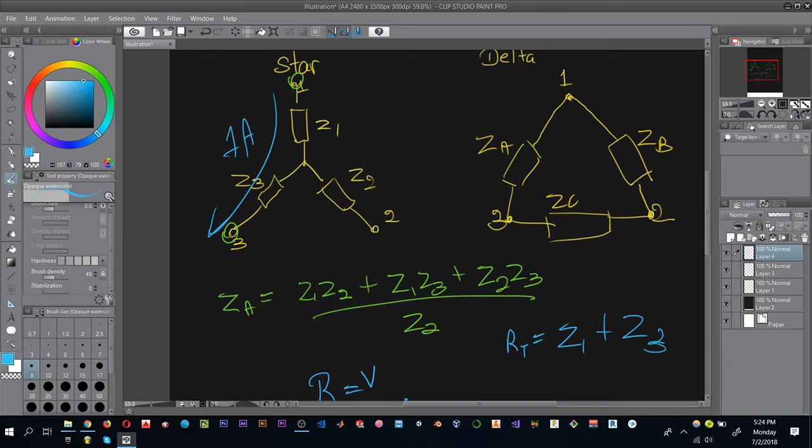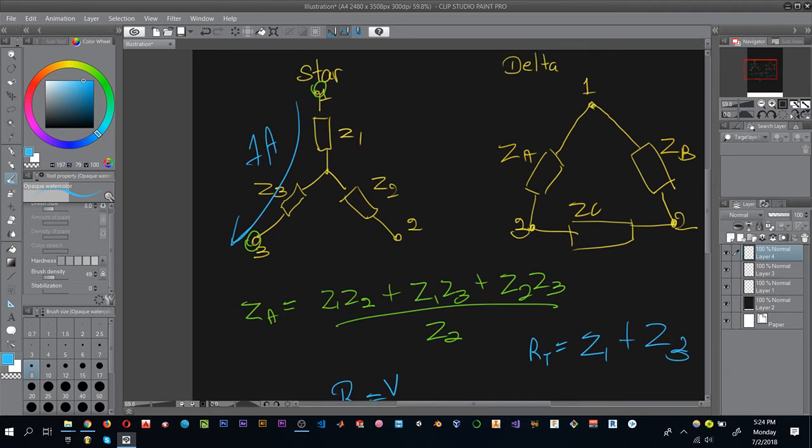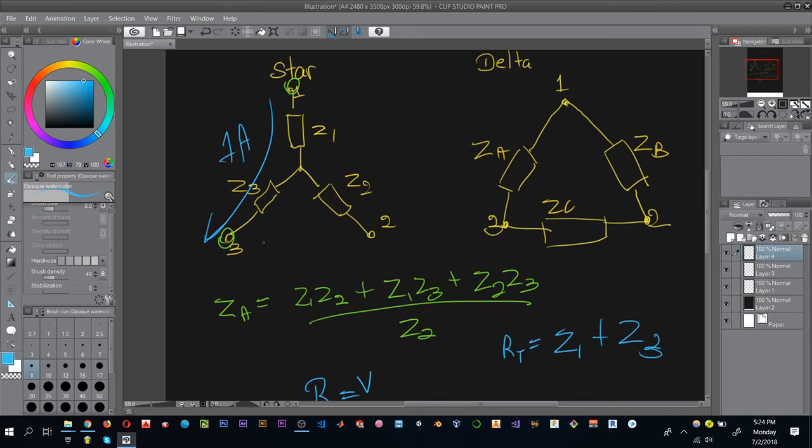Z3, my bad. Z1 plus Z3. But here's the thing: Z3 will have a voltage of Z3, because it's 1 ampere flowing. That Z3 voltage will also be dropped across this resistor, Z2.